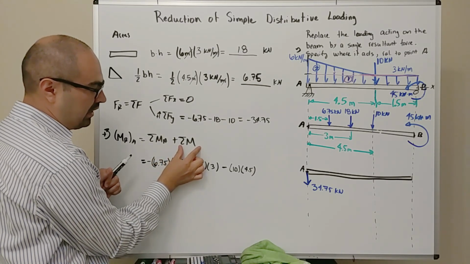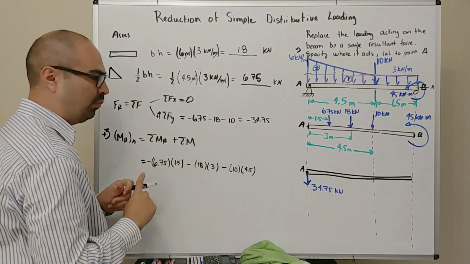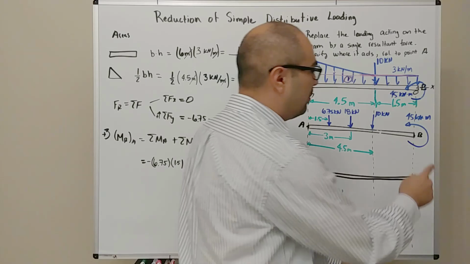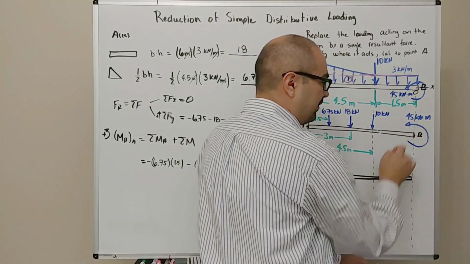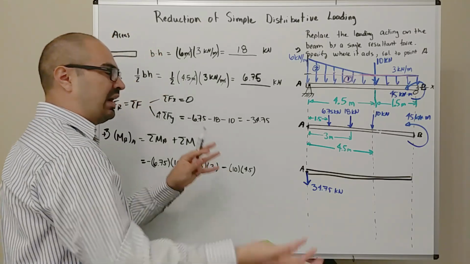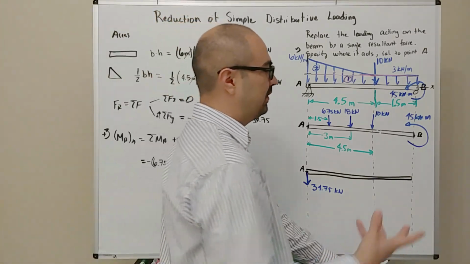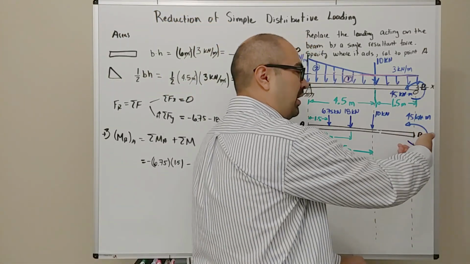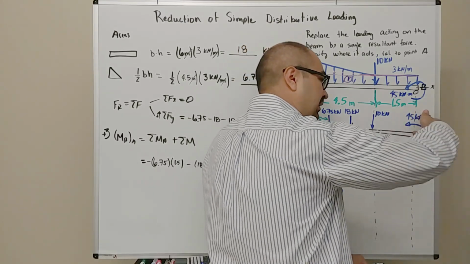The next term that I have to worry about is any existing couple moments. We already have one, this 45 kilonewton meter. So I have to add it. But it's not just that I add it, I need to look at it and say, is this going to be a positive couple or a negative couple moment?